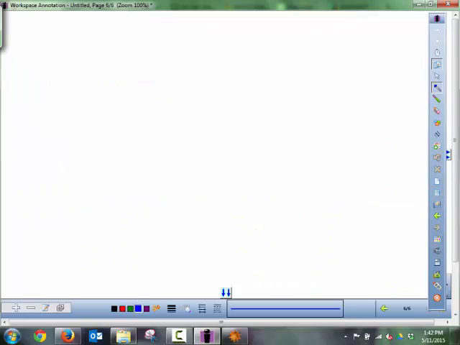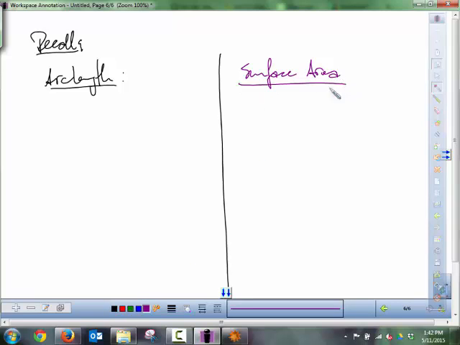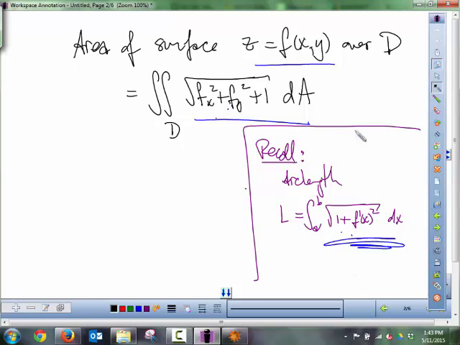Now let's do a comparison from when we were doing arc length. When we were dealing with arc length, we parameterized it using R, and then we gave it some limits for your interval A to B. This isn't the regular, that first example, where we wanted to compare how we did it with the little box over here.